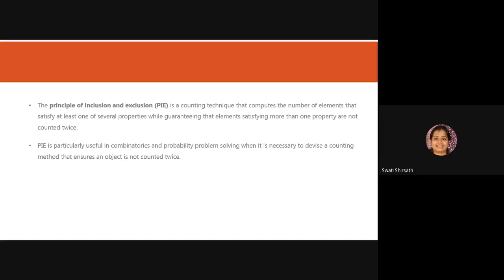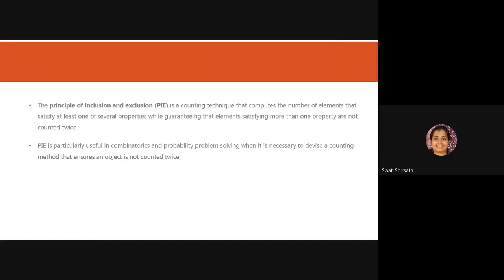When we combine two sets, A union B, there are always chances that there are some common elements of A and B. So when we count the actual elements of A union B, we avoid counting those elements twice. That is the principle of inclusion exclusion.